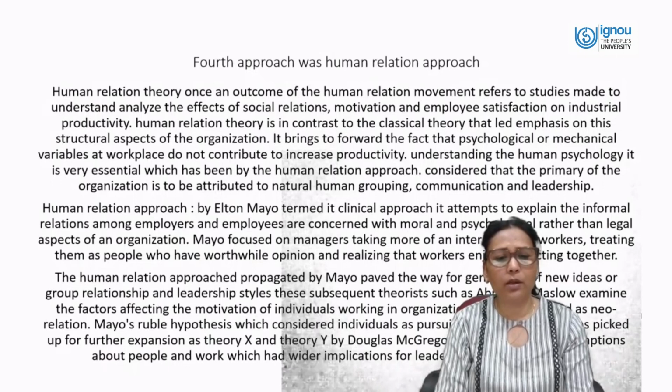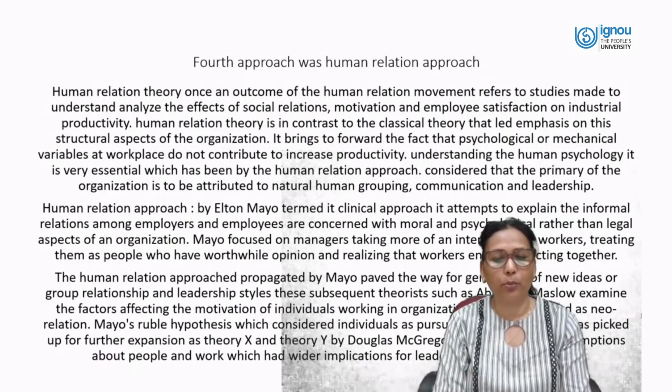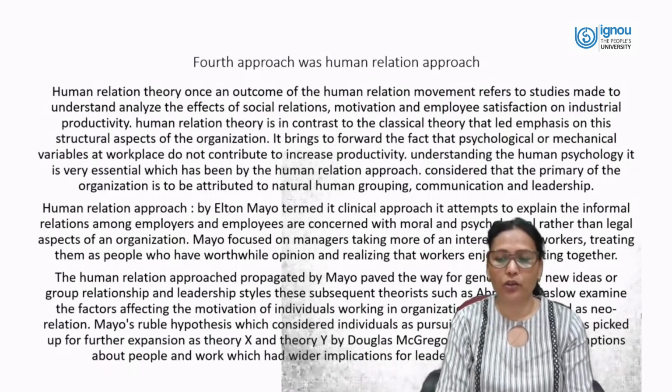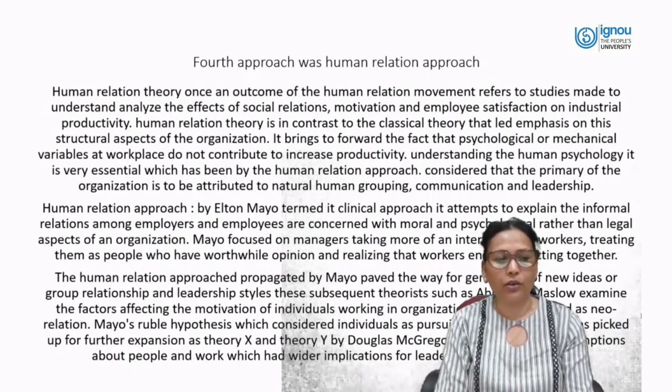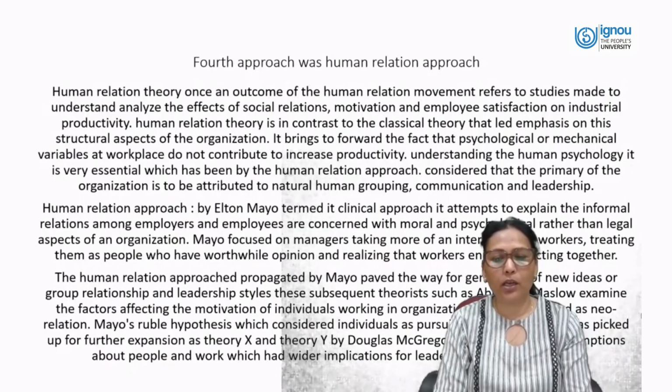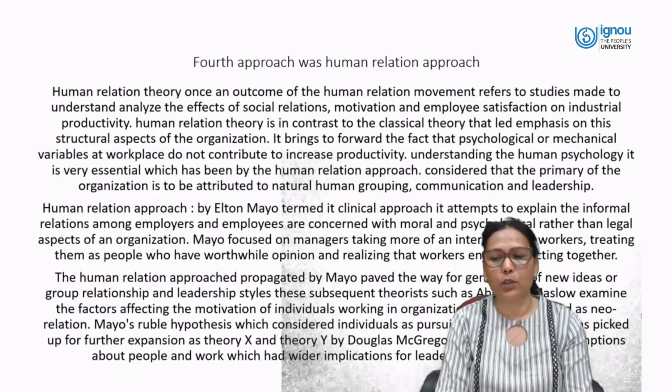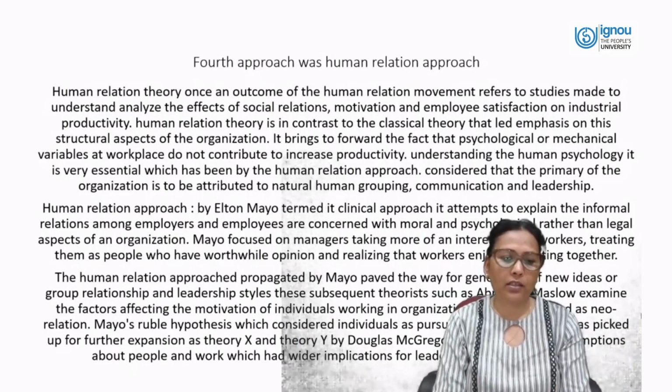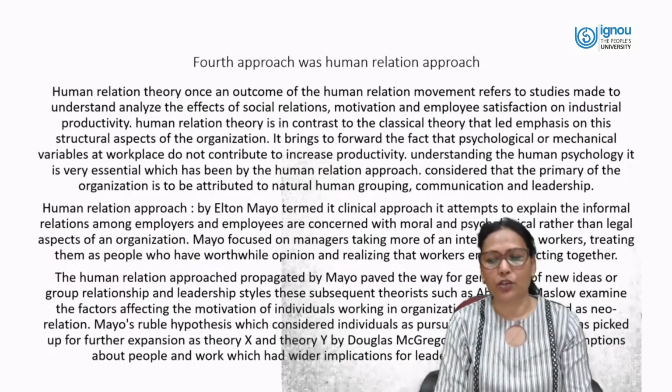The human relation approach propagated by Mayo paved the way for the generation of new ideas on group relationship and leadership styles. Subsequently, theorists such as Abraham Maslow examined the factors affecting the motivation of individuals working in organizations.